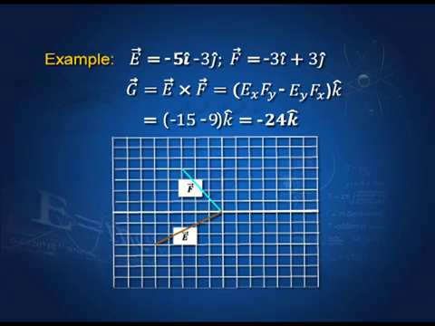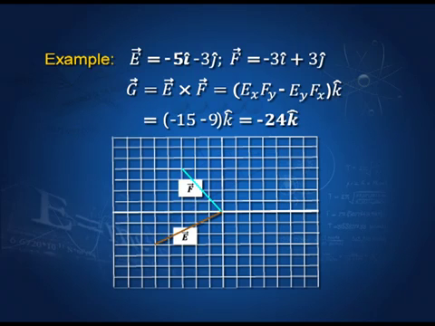That is, the vector G is along the minus z direction, and you can see from this figure that if you multiply E with F and use the right hand screw rule, you should get a vector which is perpendicular to this plane, but in the negative z direction.